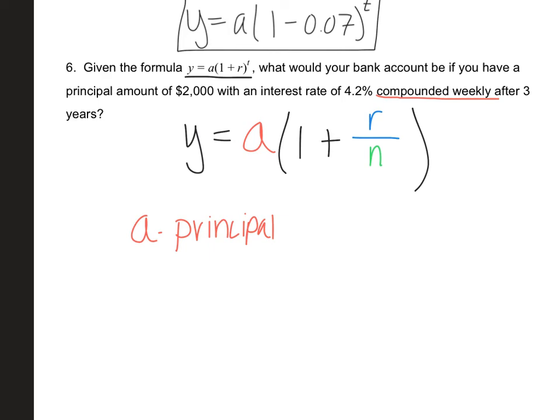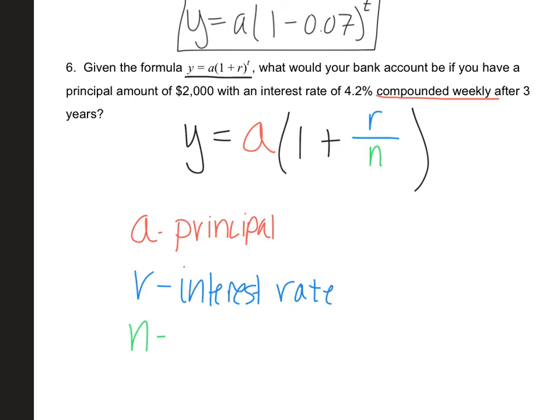That r is your interest rate, which is really simple, right? It tells us right there what your interest rate is. Your interest rate is 4.2. But the compounded weekly part is where that n comes in. So the n is going to be the increment of time. Let's see, how do I word this.